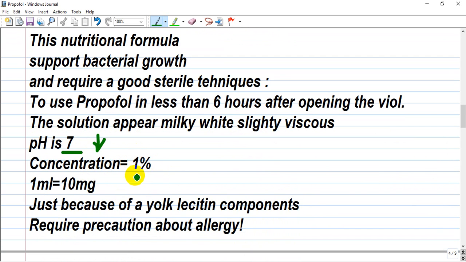The usual concentration is 1% in any vial, and 1 milliliter will have 10 milligrams. Because of the egg yolk lecithin component, it requires precaution about allergy.